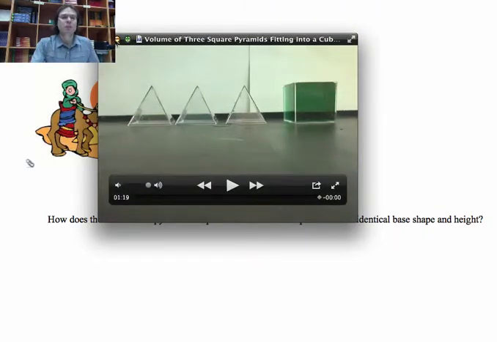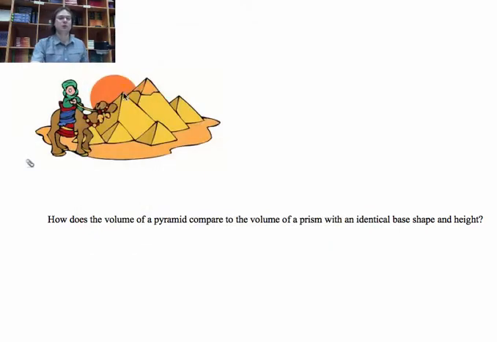By looking at this video, we can see that three pyramids with the same base and height as the prism make the same volume. It takes three of the pyramids to make the volume of the prism. We just answered that question.